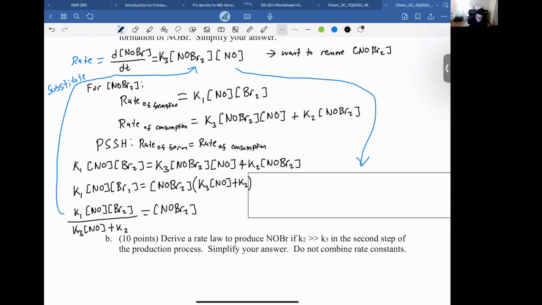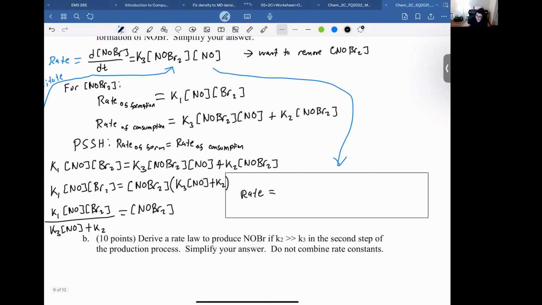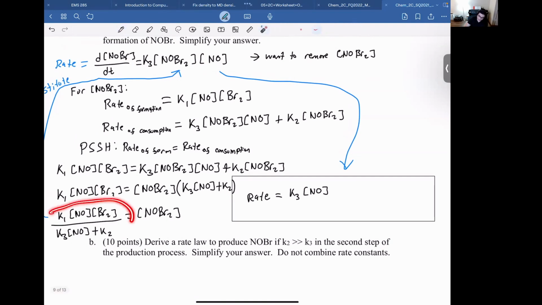That gives us that the rate that NOBr is being produced is equal to K3 times NO, so that's from the original, right? That's just these two terms, times this whole thing, right? This K3 and NO are going to multiply with the things in the numerator.